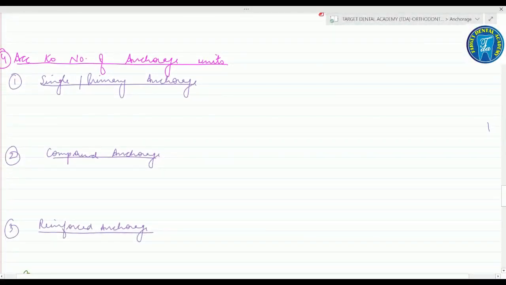So the fourth and last one in the classification is according to the number of anchorage units. Single or primary anchorage, as the name suggests, is where a single tooth with greater alveolar support is used to move another tooth with less support.